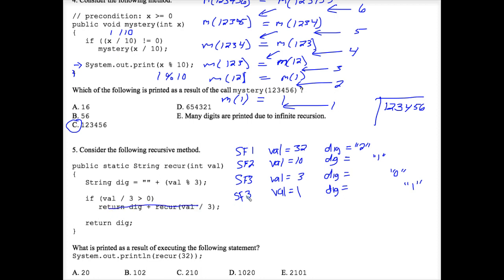We don't go to a stack frame number 5. This was really stack frame 4, sorry about that. We don't go to stack frame 5. We now fall through and execute this. Because this was string concatenation and not normal addition, we return dig, the string 1, back up to the previous stack frame.